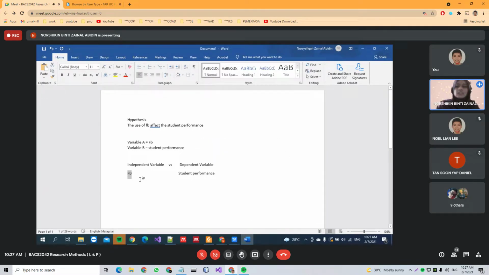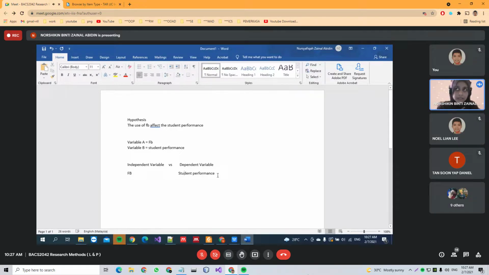Something that you change in your research to see what is the effect of your change to this variable, to this subject.